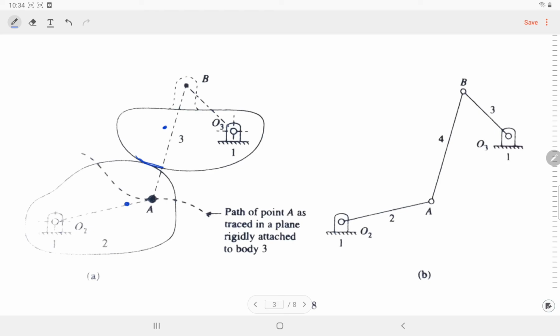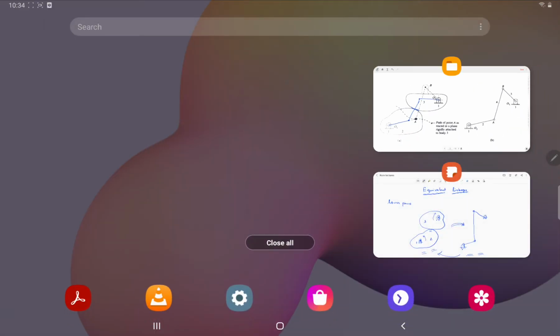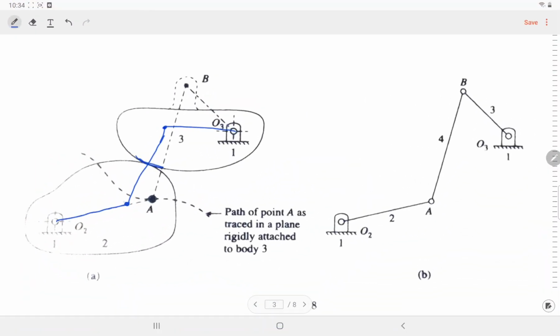Then I'll just have this link, and that link, and these things are turning pairs, revolute pairs. So that's one way of constructing, the way which we have studied.